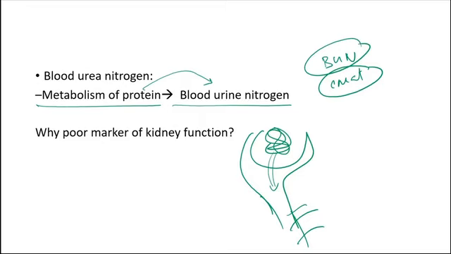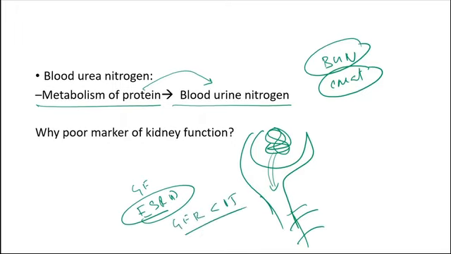So it underestimates GFR, but it is only useful to estimate GFR if a patient has end-stage renal disease, especially if the GFR is less than 15. And again, they will not ask you when you can use it. They can ask you why it is a poor marker of kidney function: because it is constantly reabsorbed along the tubule as it moves along the tubule.